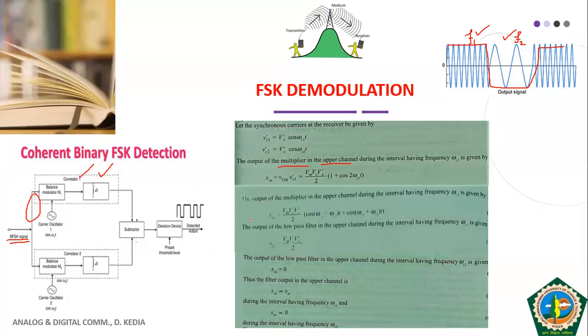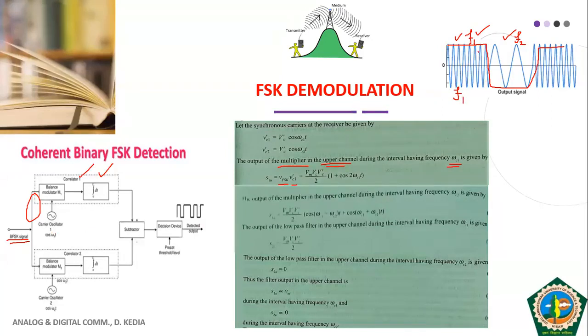So you can see here the output of the multiplier in the upper channel during the interval when we have frequency omega 1. Obviously your balance modulator will multiply the FSK signal with the carrier. My original frequency is F1, and my carrier frequency is also F1.